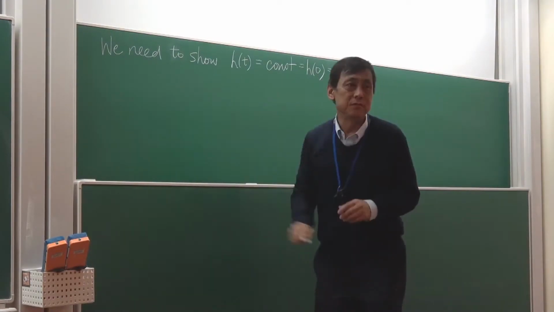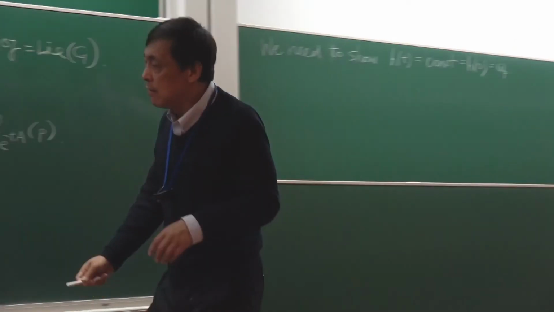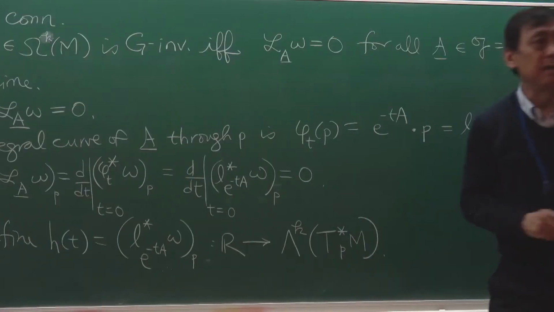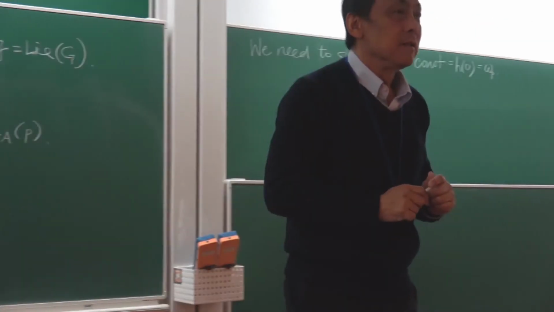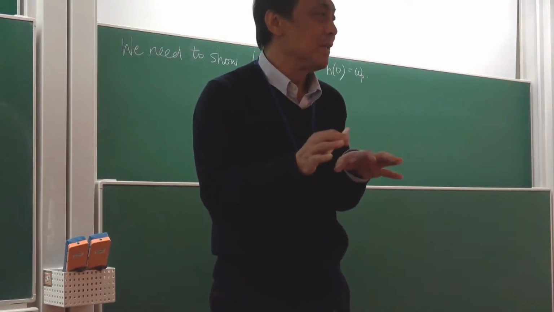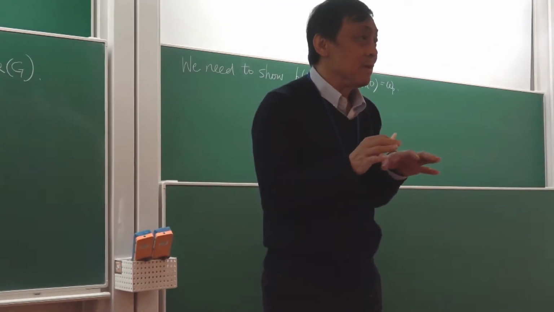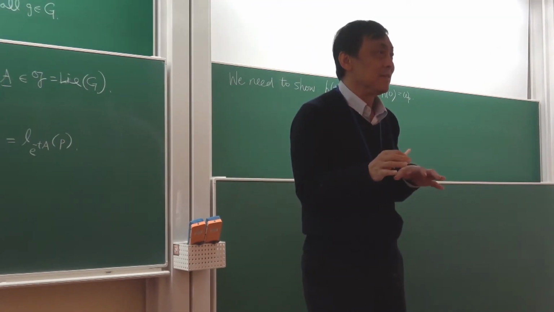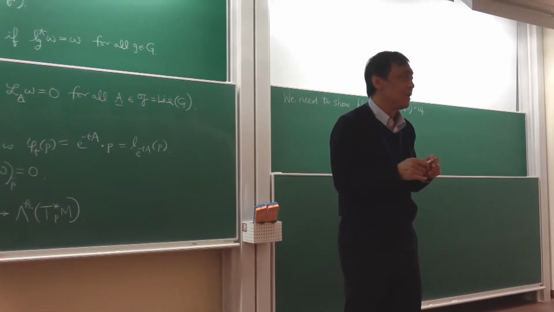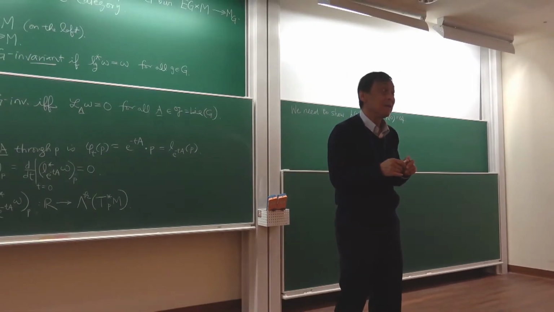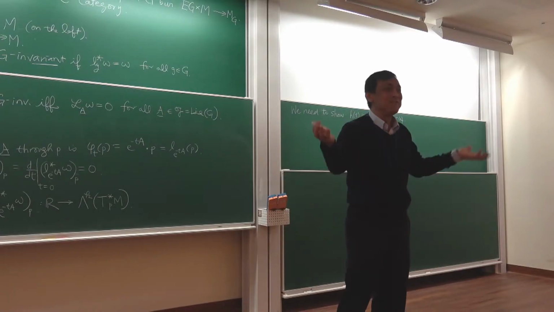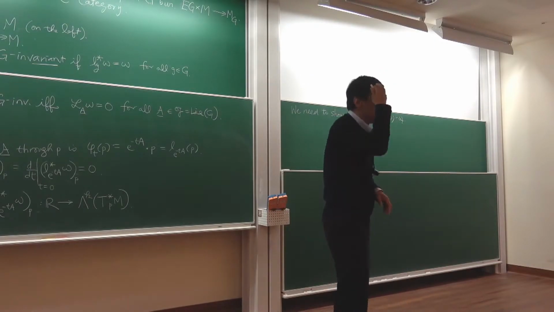So we need to show that this function of t is constant. Now, how do you show that a function of t is constant? You differentiate, and show that the derivative is 0.